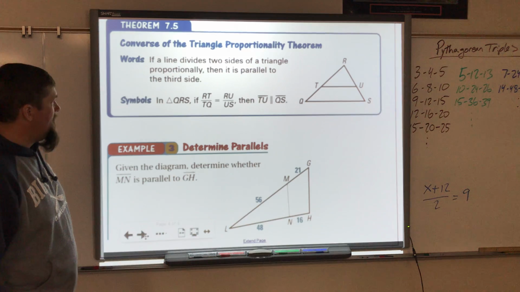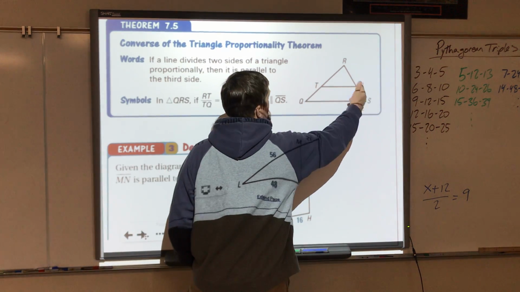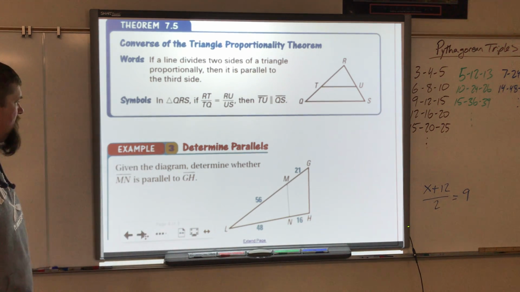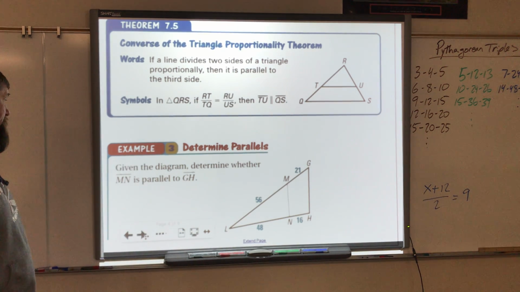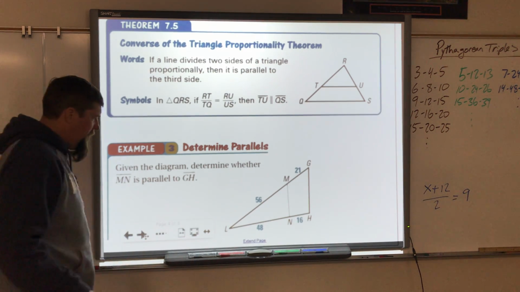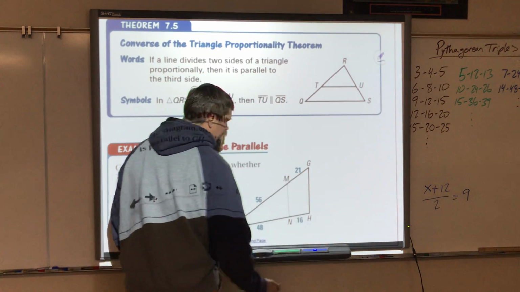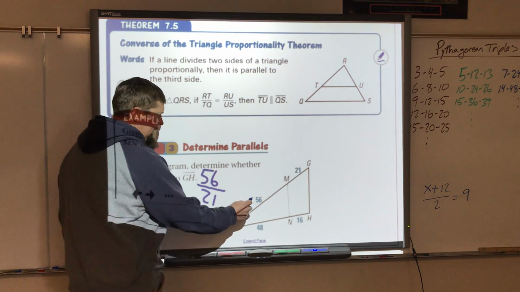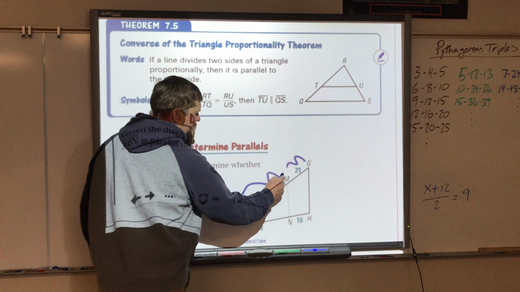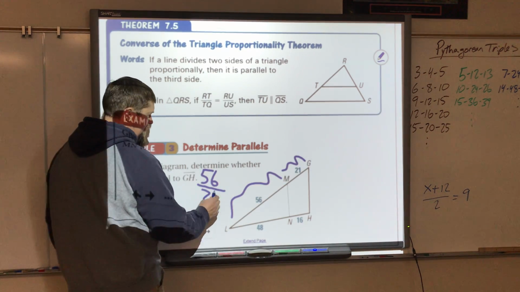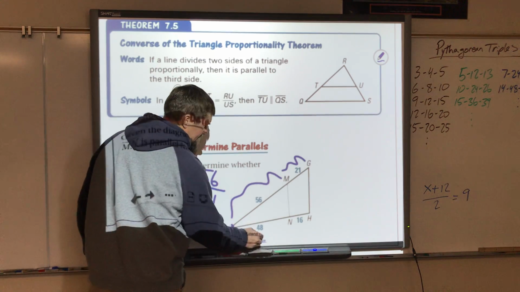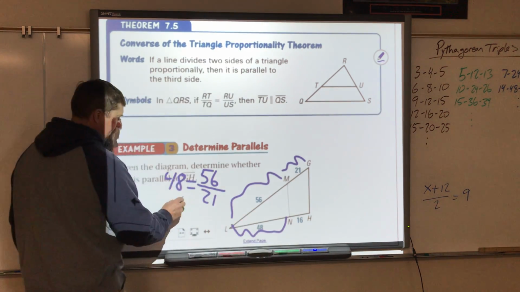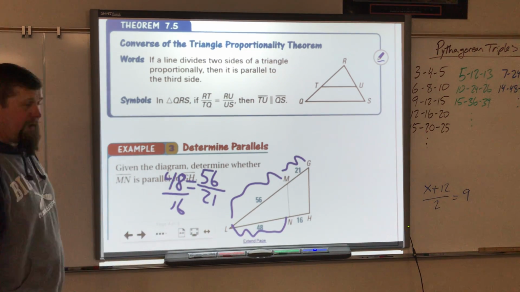The converse basically says if these are proportionate, then the lines are parallel. So it says determine if the lines are parallel. They're parallel if 56 compares to 21, so this length compares to this length, the same as this length, 48, compares to 16. How do I know if they do?